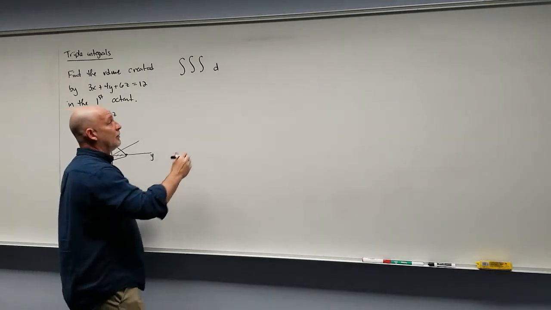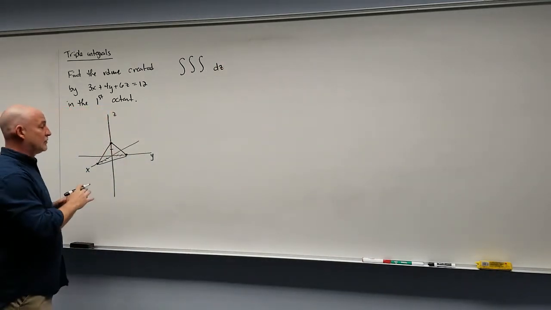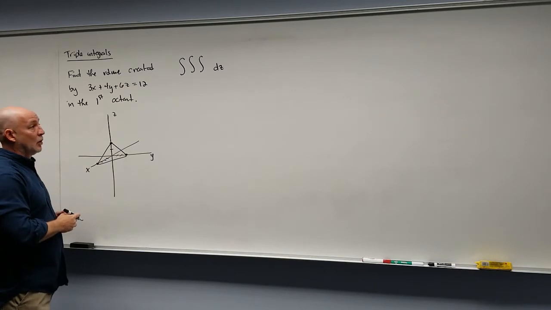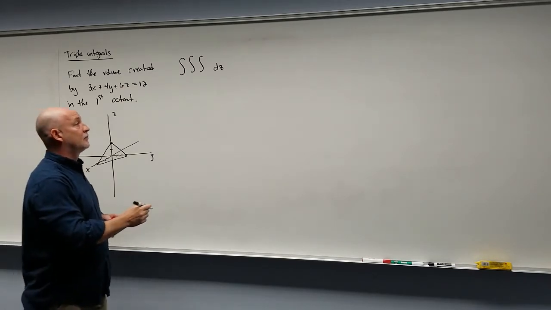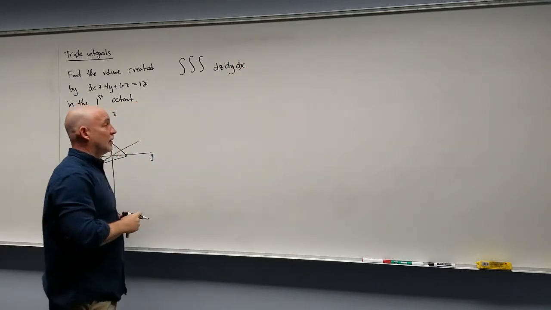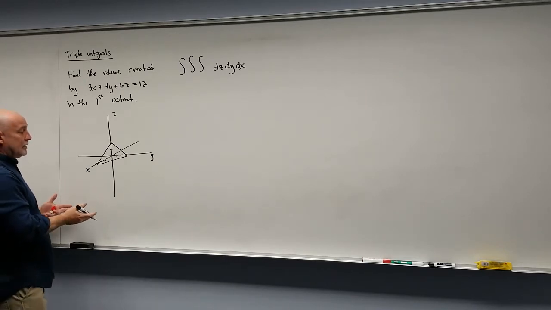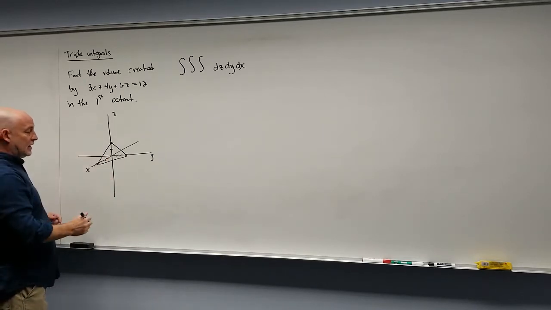So the most common way to do this is dz being first, since that's the most dependent variable most of the time. The next one would be dy most of the time, then dx. But we're going to do this at least one more way, just so you can see how the order of operation changes.